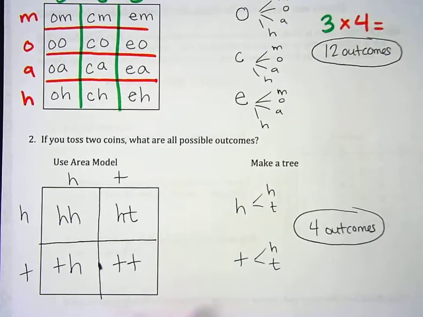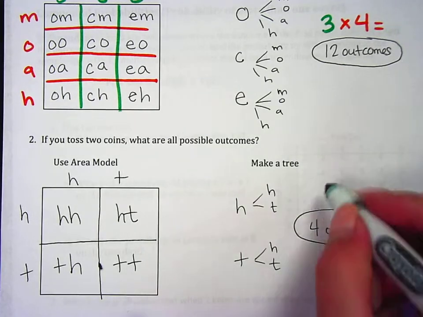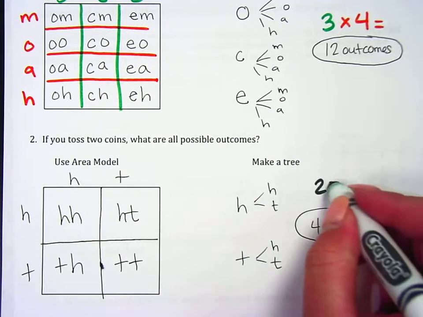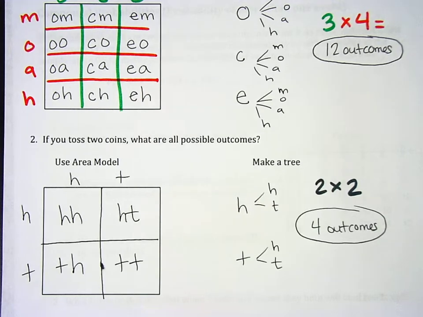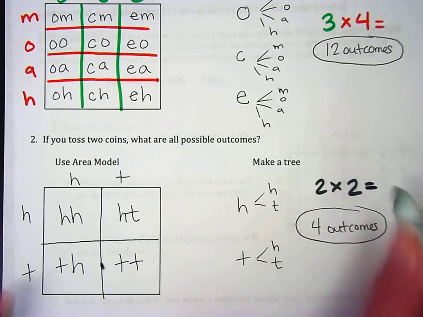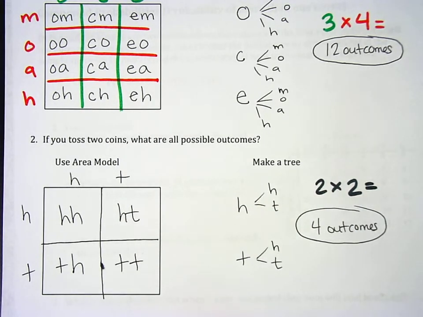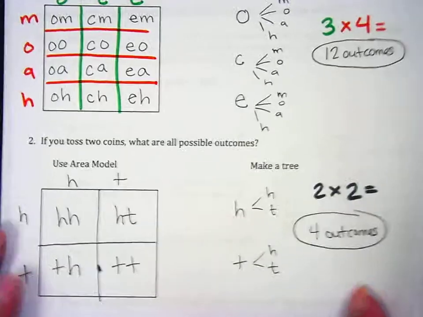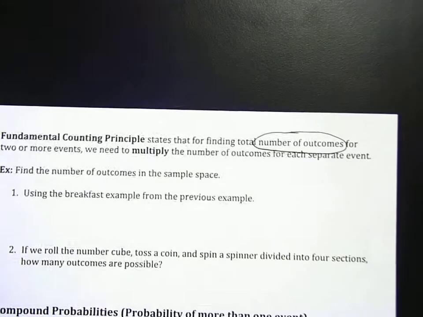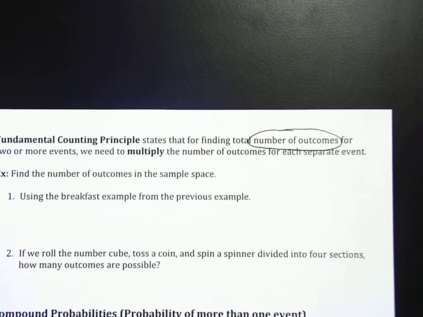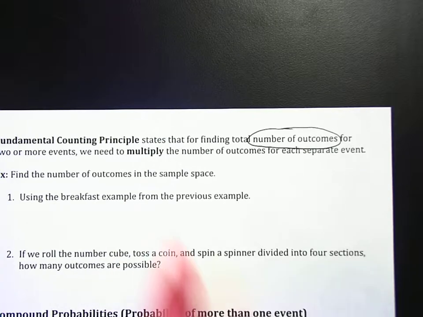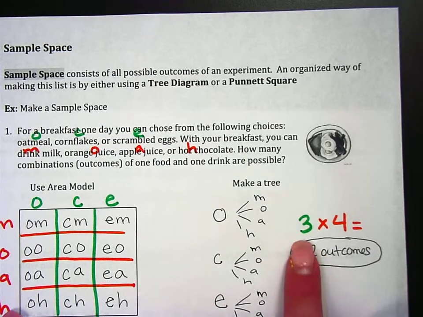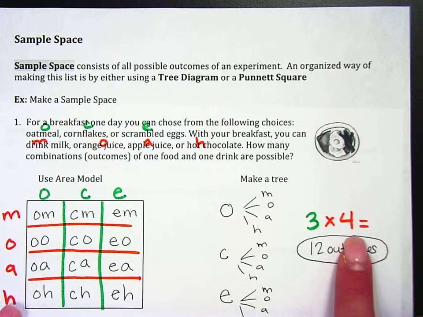When I was doing my heads or tails, I had 2 options, heads or tails, and then again, 2 options, heads or tails. My shortcut is I can multiply them. Okay, so in our last example, if I was finding the breakfast, that would be 3 outcomes times 4 outcomes.